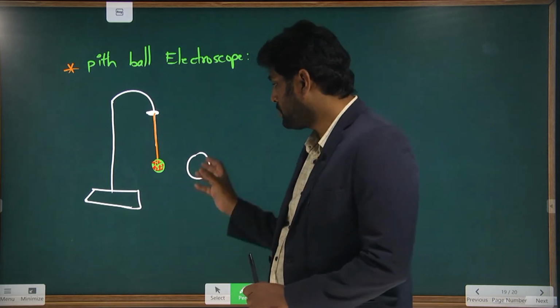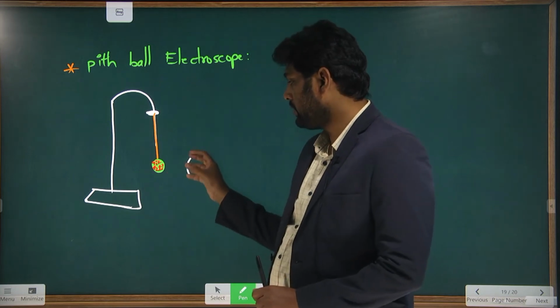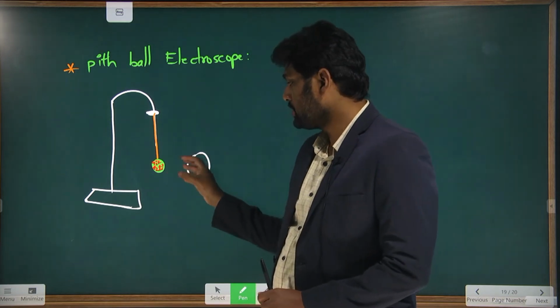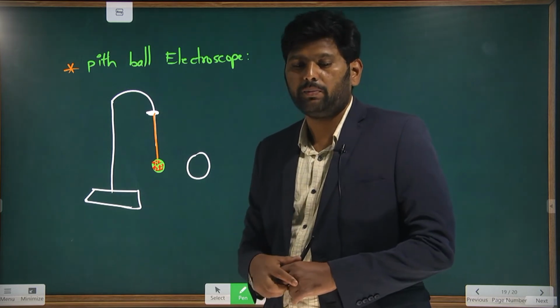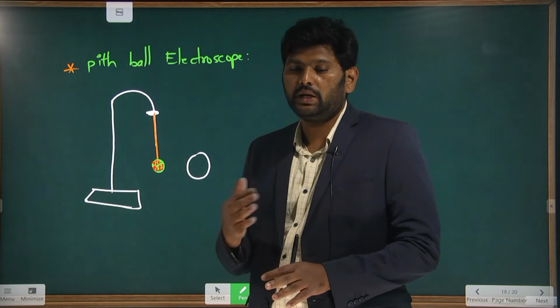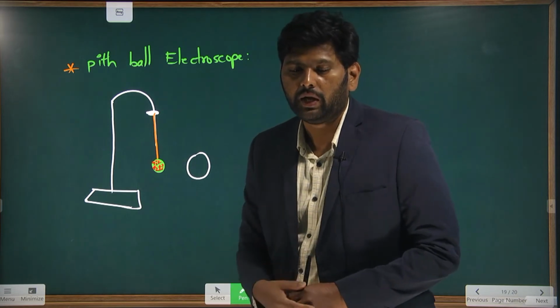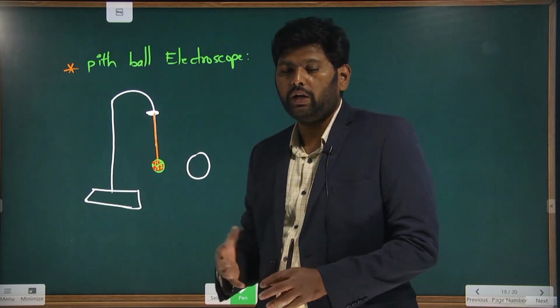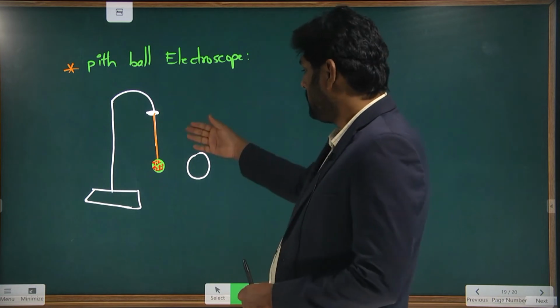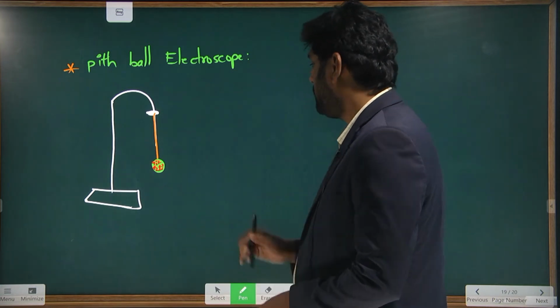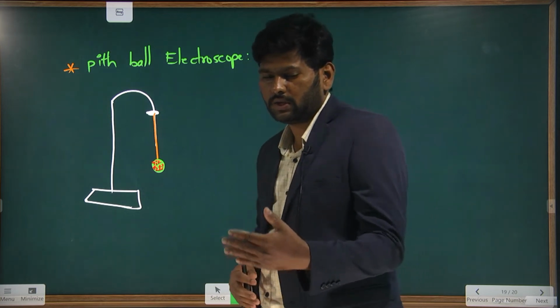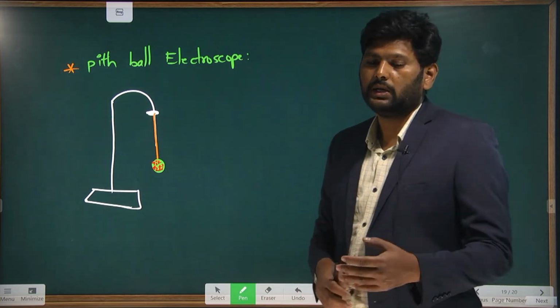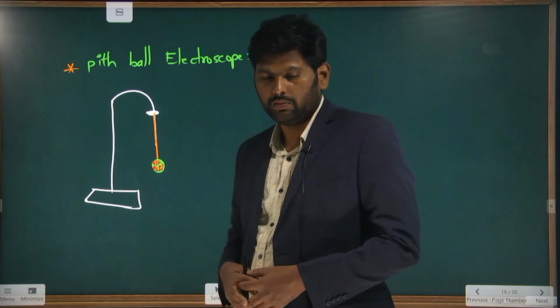As soon as you place the uncharged body near the pith ball, no deflection takes place in the pith ball; it doesn't move anywhere. No deflection means that it is an uncharged body.